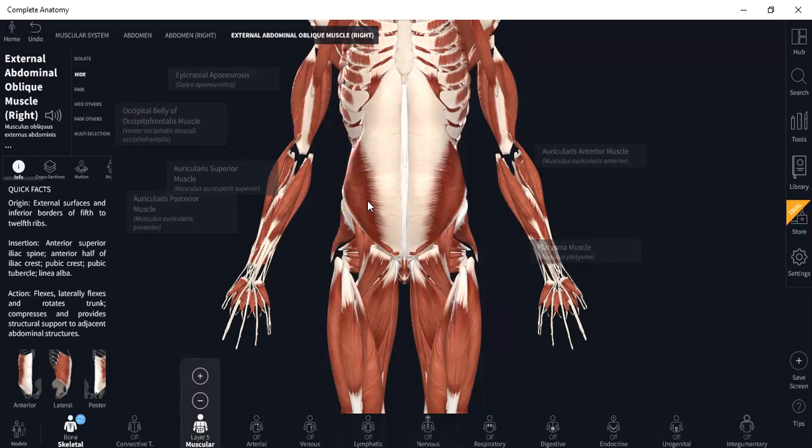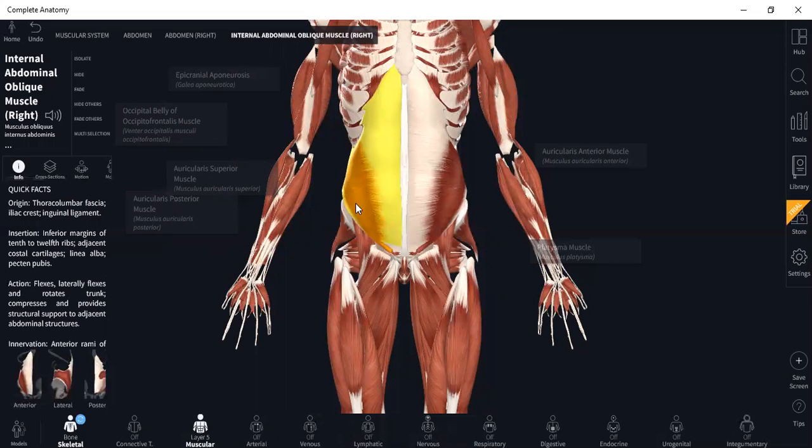We have internal obliques that run up to make a point.